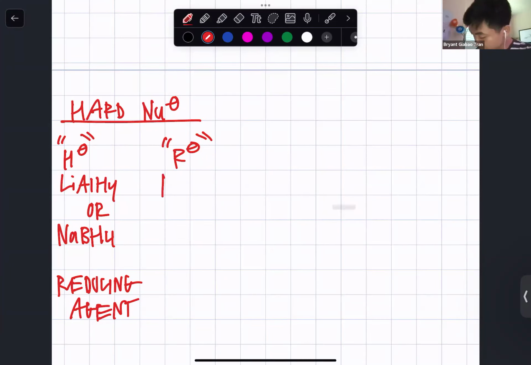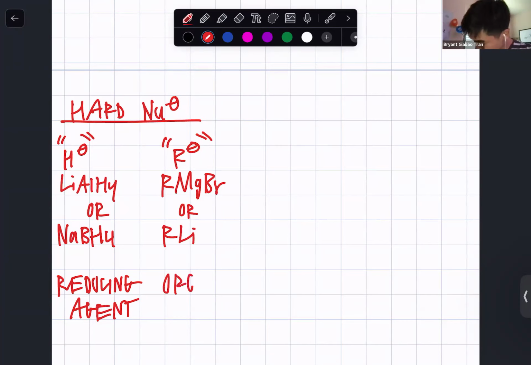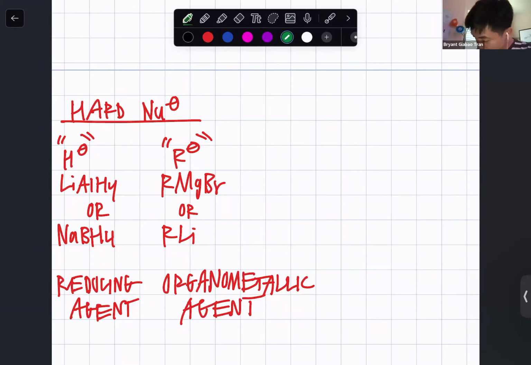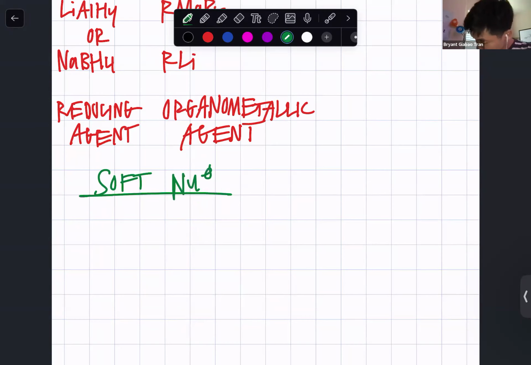The form of R minus is going to be RMgBr, a Grignard reagent, or RLi, an organolithium reagent. Any organometallic reagent is a hard nucleophile, and that's going to attack the carbonyl carbon as well.